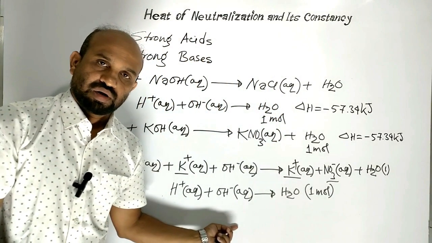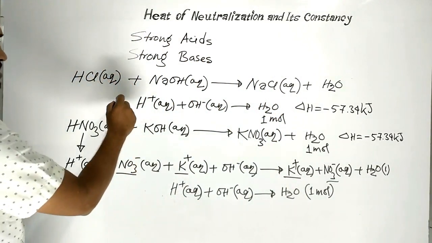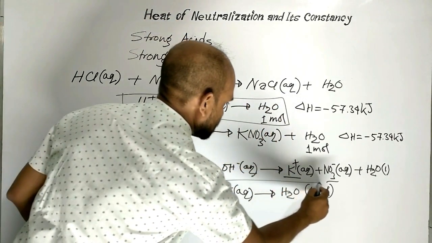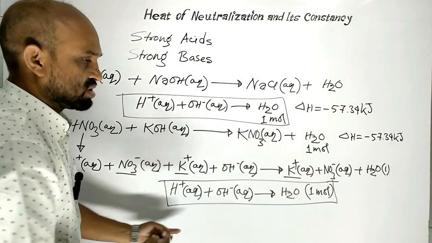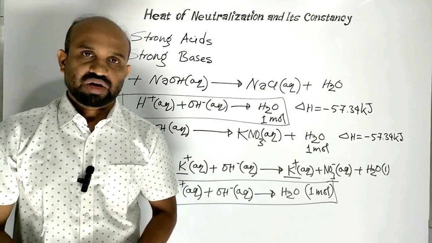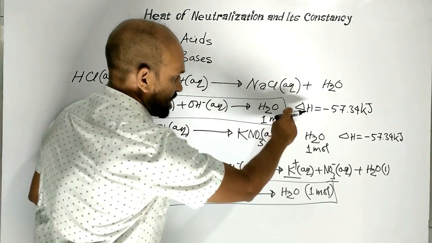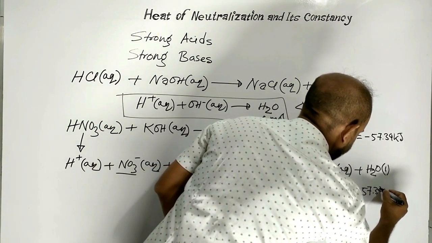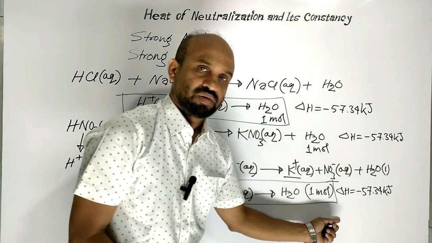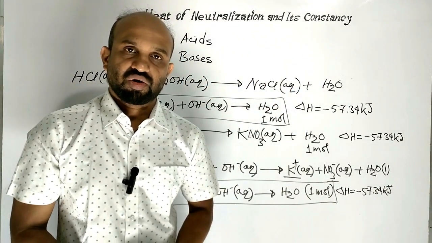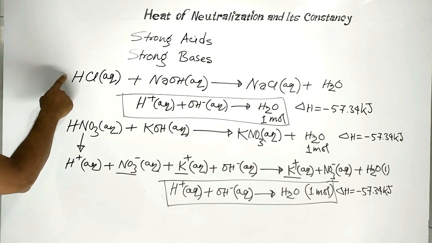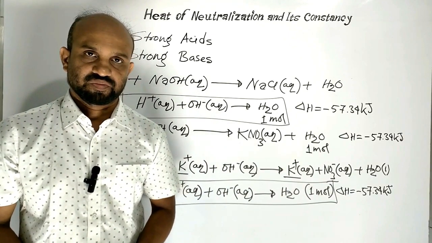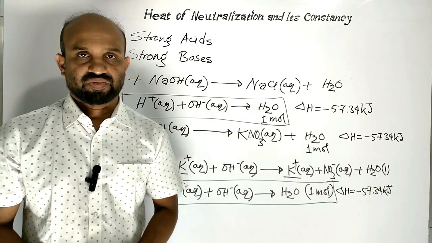Like the previous reaction, in this case as well the same reaction occurs. Because the same reaction occurs, the same amount of heat is produced, minus 57.34 kilojoule. Since the same reaction occurs for different acids and bases, heat of neutralization is the same. This is the constancy of heat of neutralization.